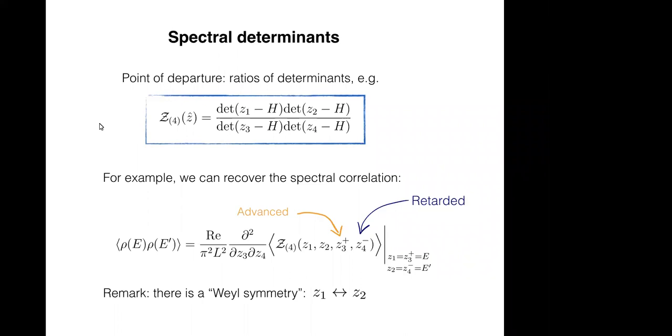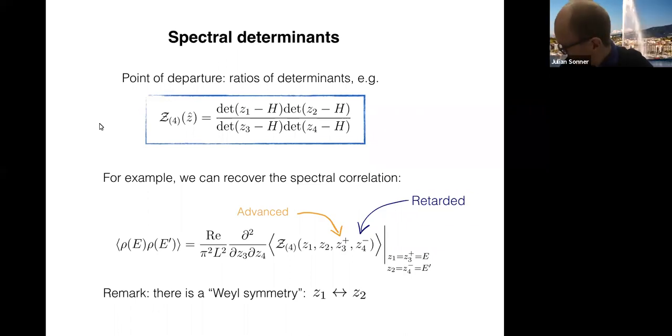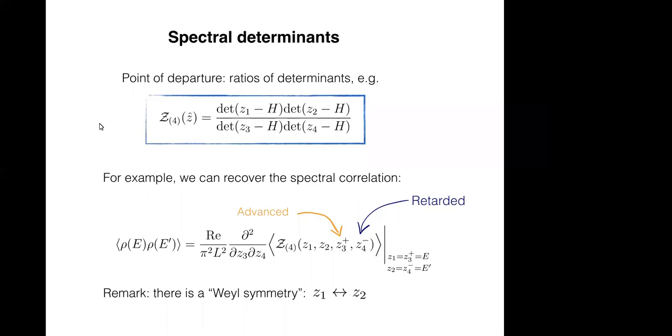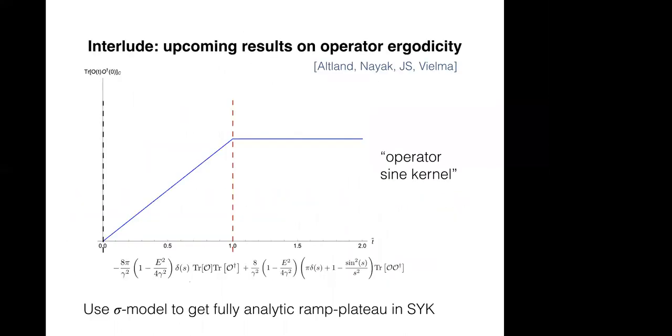Gotcha. Thank you. Can I ask one more question on the operator correlator ramp? On the what? Operator 2-point functions ramp. Yes. So would you still be able to see it in some larger N limit, because it seems it's a difference of trace and trace.